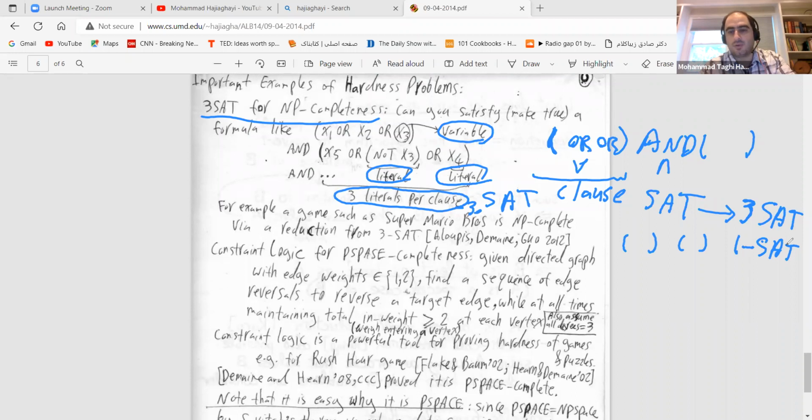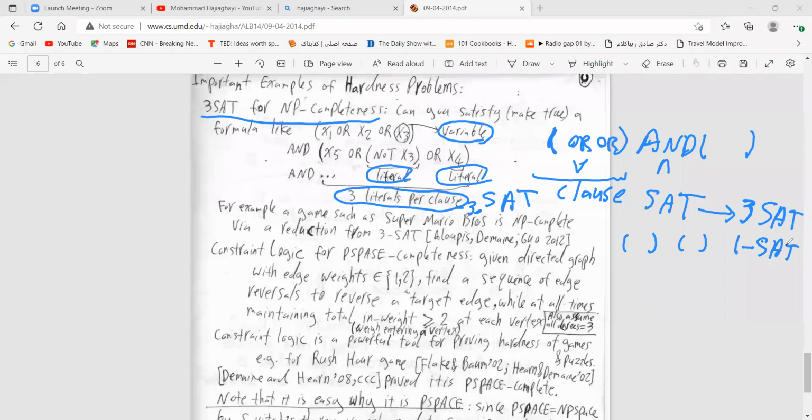Any ideas how we can solve the 1-SAT problem? It should be easy. Why? Because you can check every single clause.